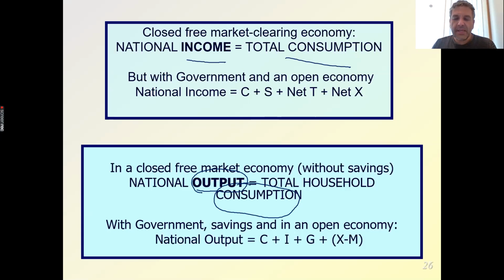Remember that we're talking about here the final goods produced. We said we don't want double counting, so we don't want to take intermediate goods, but the final goods that are produced ready to be sold.